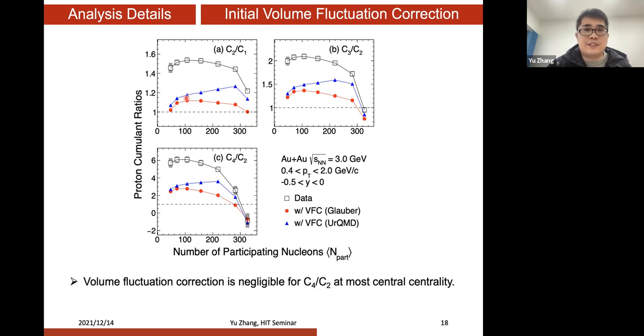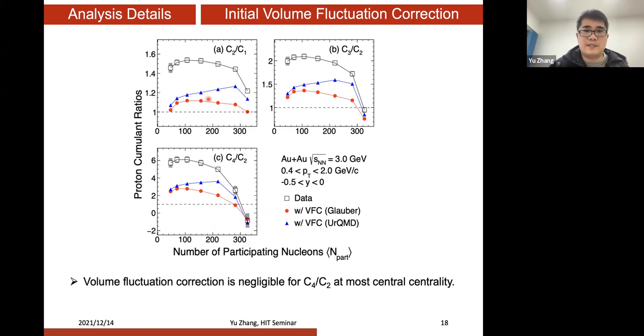From the comparison of these two corrected results, we see for the third order and the fourth order ratios, the most central centrality is least affected by the volume correction, not so affected by the correction compared to the most peripheral centrality, but still it's model dependent.